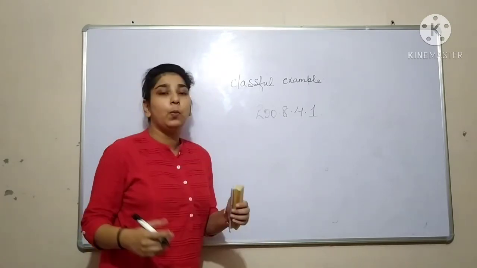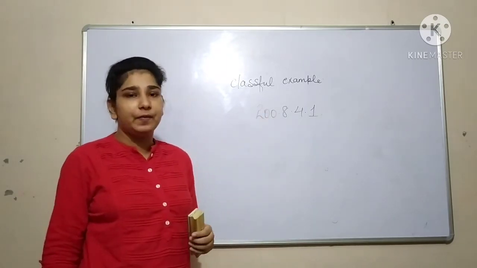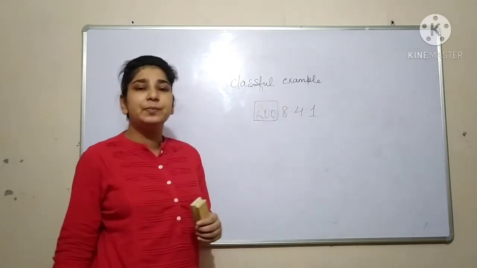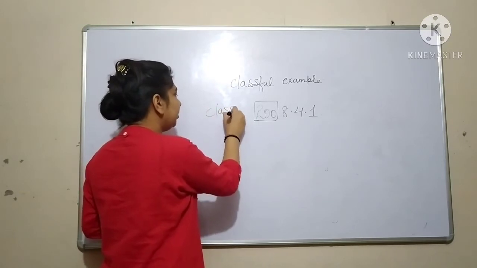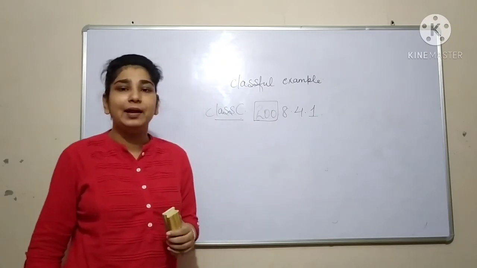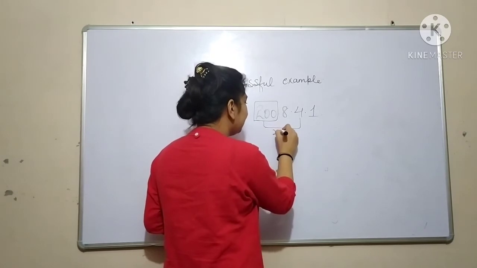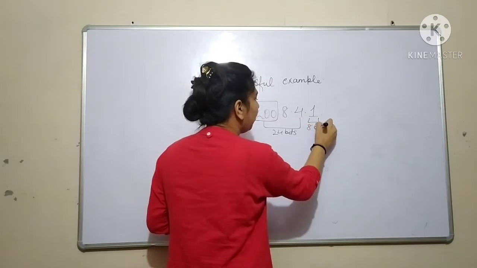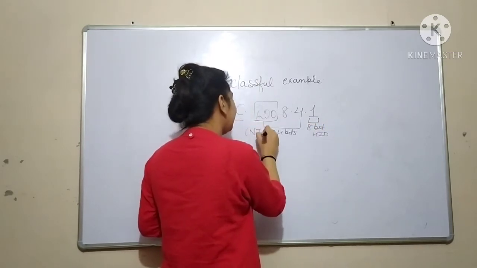So firstly, what we have to do, we have to determine the class to which this IP address belongs. If you look at the first octet, it basically belongs to class C. So this is a class C IP address. And in class C, we have 24 bits assigned to network ID and 8 bits assigned to host ID part. This is the host ID part and this is the network ID part.